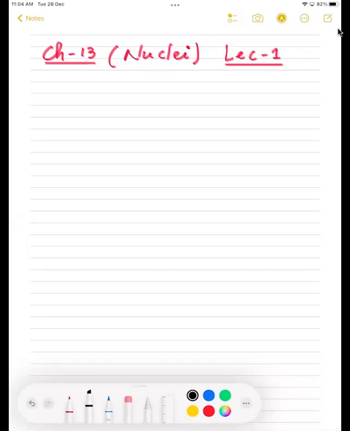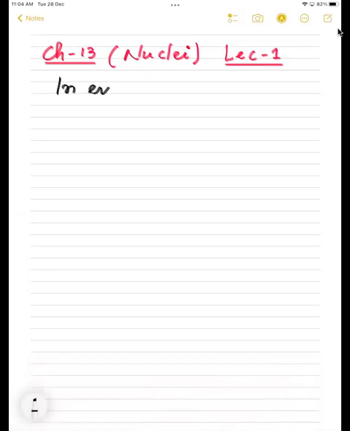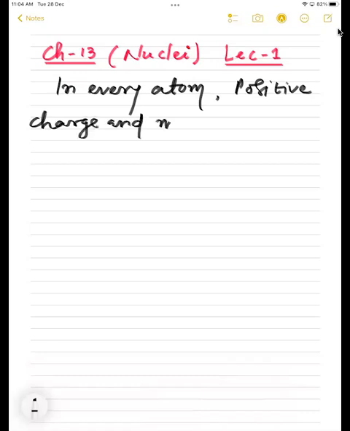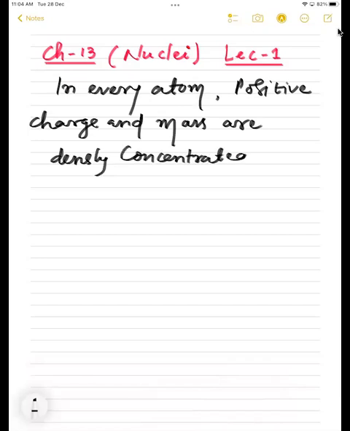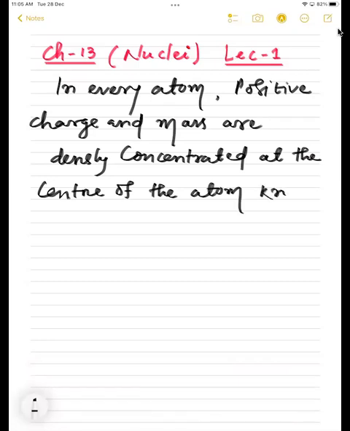So just write, students: in every atom, positive charge and mass are densely concentrated at the center of the atom, known as the nucleus.